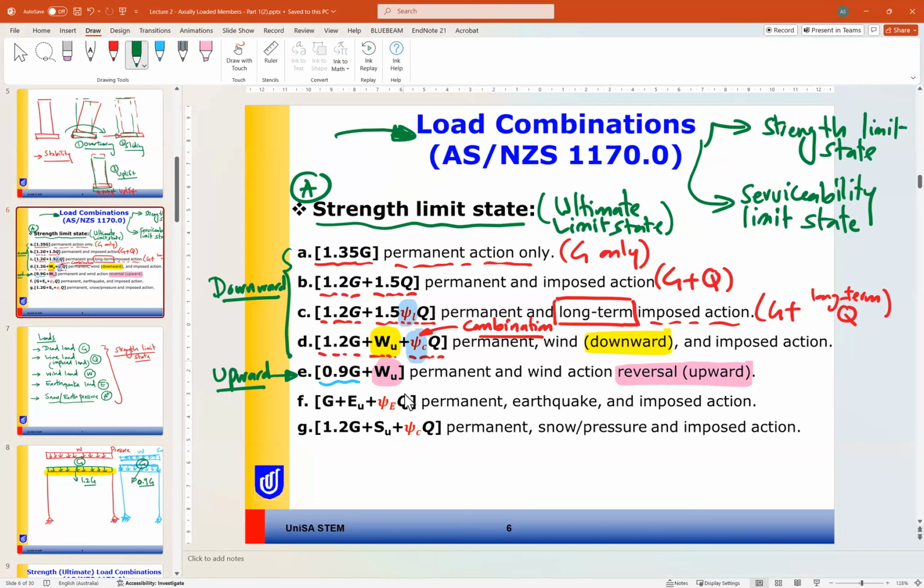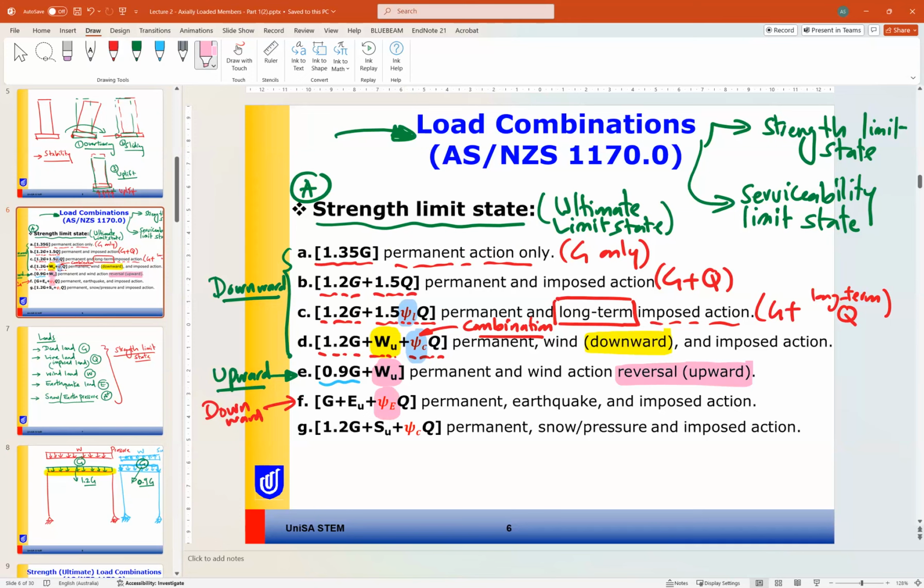Okay, the next load combinations are related to earthquakes. So this is also downward. We have G plus EU, earthquake load, plus psi E Q. Psi E here is the coefficient for earthquakes, and Q is the live load.